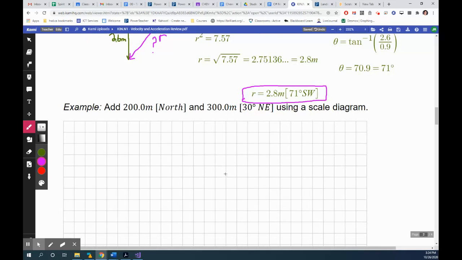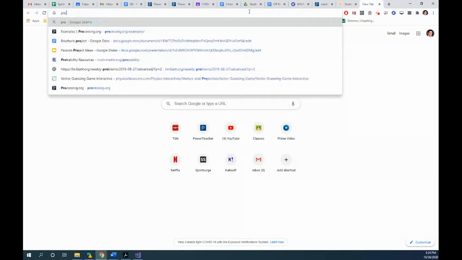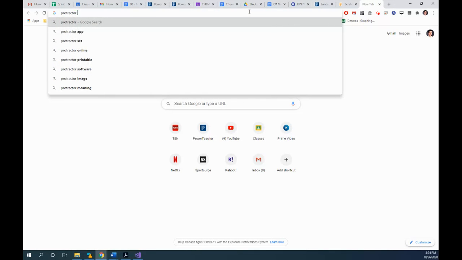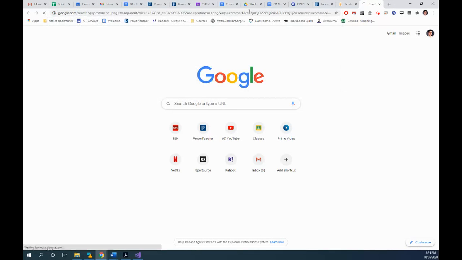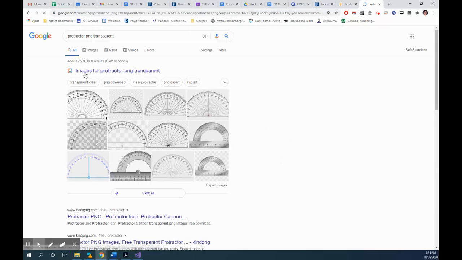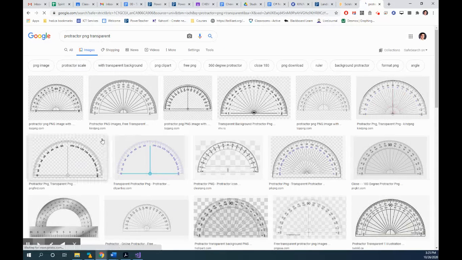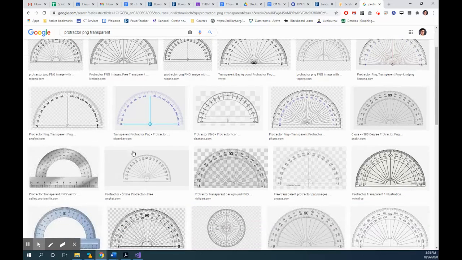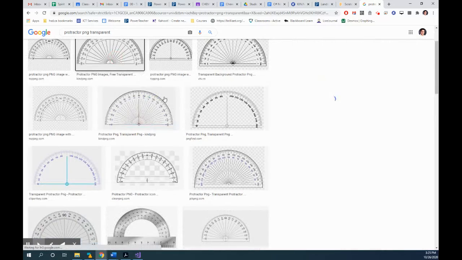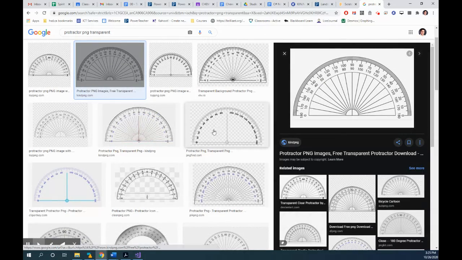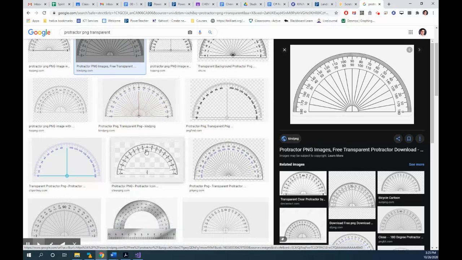And that's what we got to do, and it's super accurate. Now here's a less accurate way that you could do, and this is just to help you appreciate what we're doing. So we need a protractor, so I'll get a protractor. Let's see if this works. I got to show you how to use a protractor. Doesn't look good.